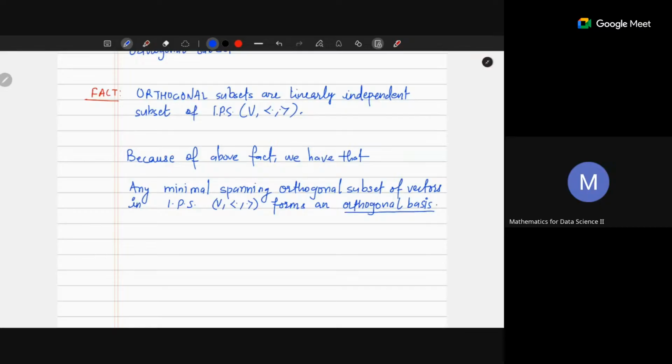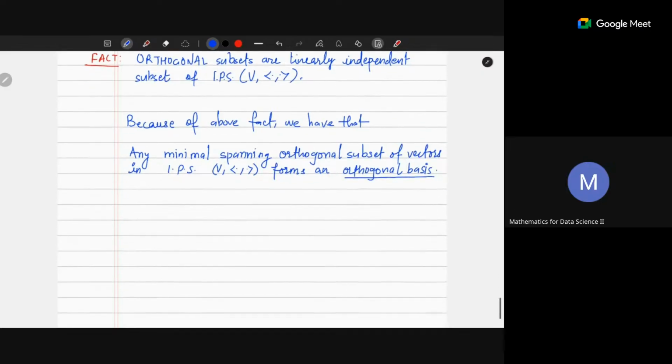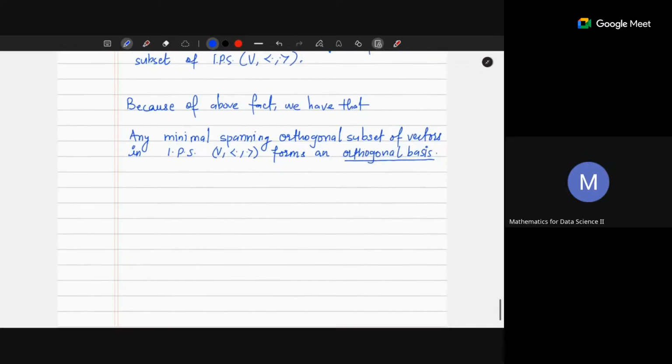So it forms a basis, and they are orthogonal as well.